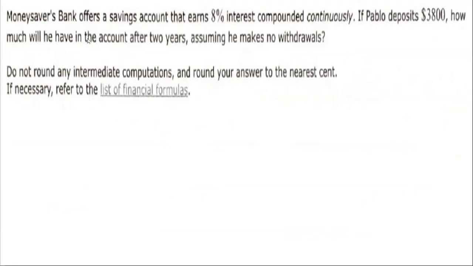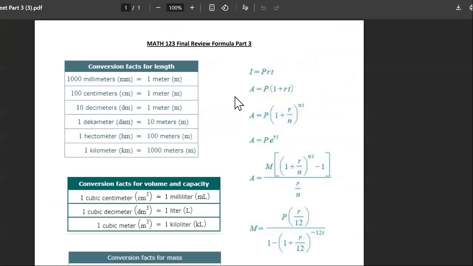Okay, and so which looks like this. All right, so it has all these conversions. But we want to look specifically at number 4 on the right column here. A is equal to PERT. Okay, so that's what we're going to be using.